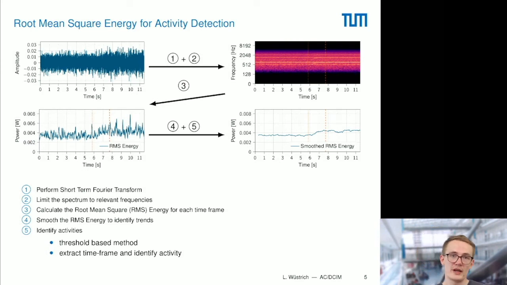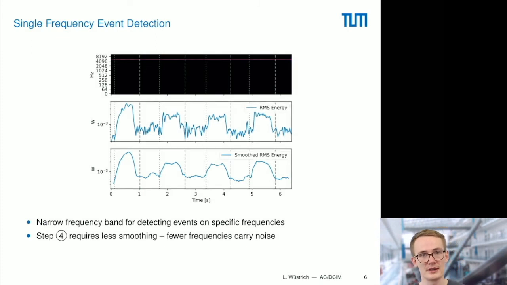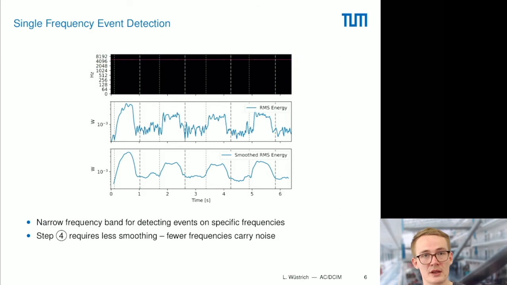We have now seen that this procedure works for activities that span multiple frequencies, but we can also apply this method to detect single-frequency events like beep codes. In this case, we limit the frequency band to the one on which the onboard buzzers emit sounds, and here in this example, on this frequency.